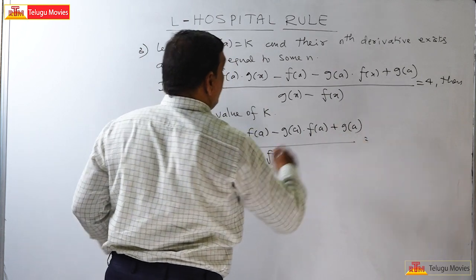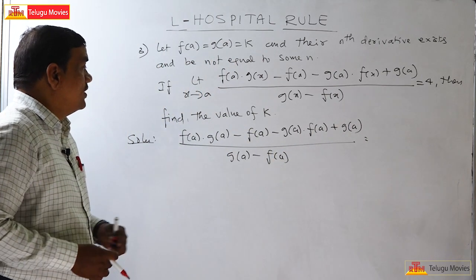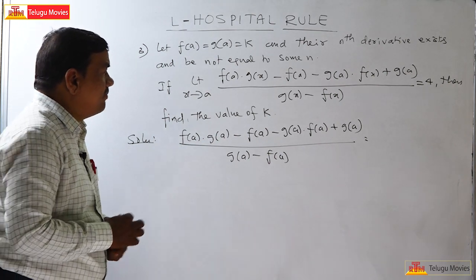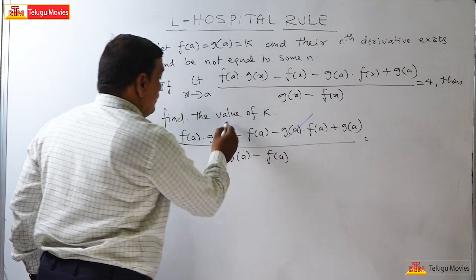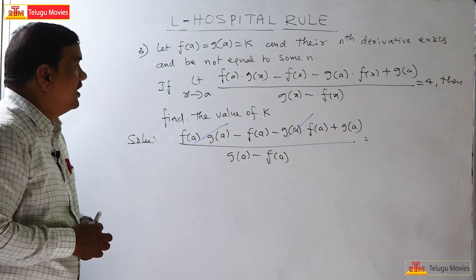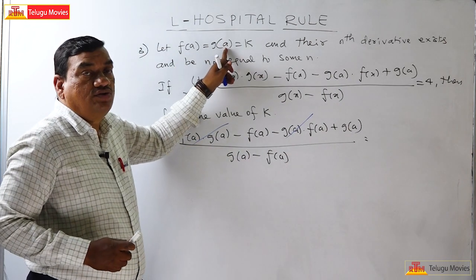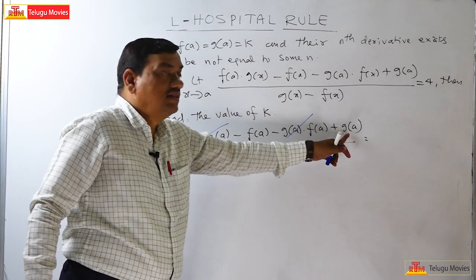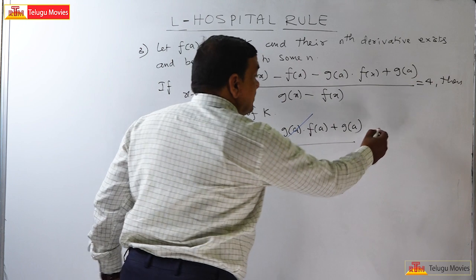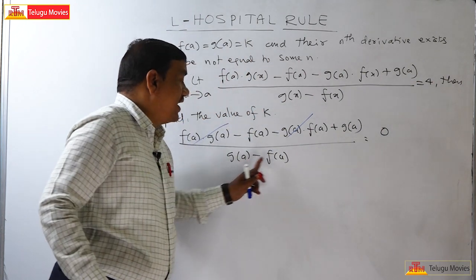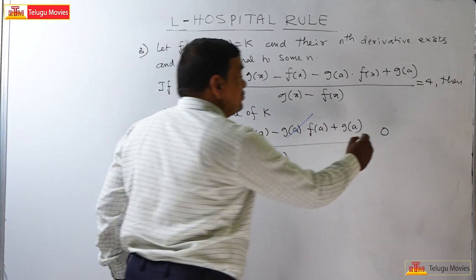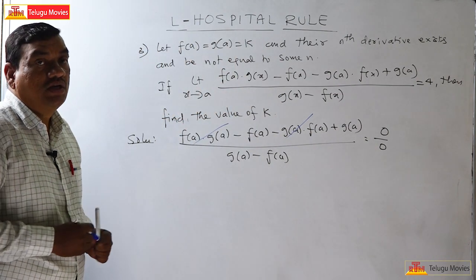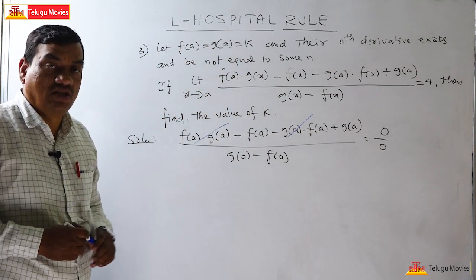Clearly f of a into g of a and g of a into f of a both get cancelled, since f of a and g of a are equal. So this is minus k plus k, which becomes 0. And k minus k is also 0, which is an indeterminate form. It is not a finite value, it is not the answer.